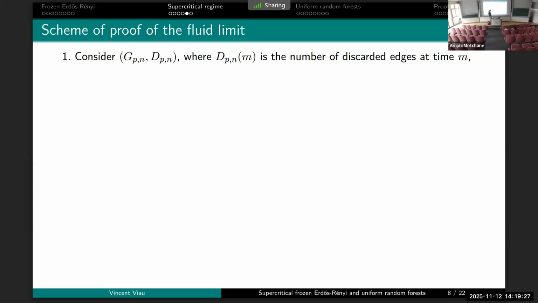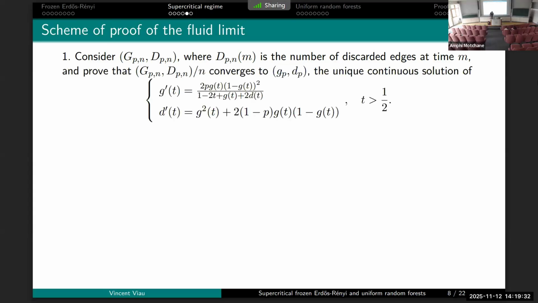So we want to prove another fluid limit result for this couple. We scale this couple by n, and we want to prove that after rescaling, this converges to a couple of functions, which are again 0 before time 1/2, and which then verify a system of differential equations.